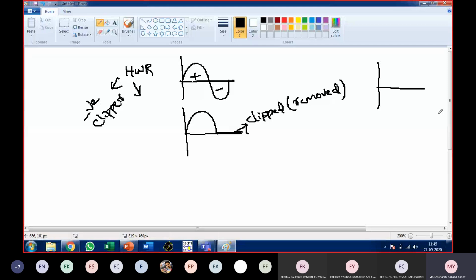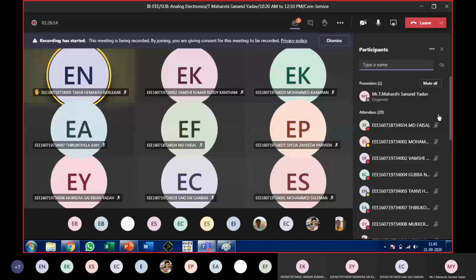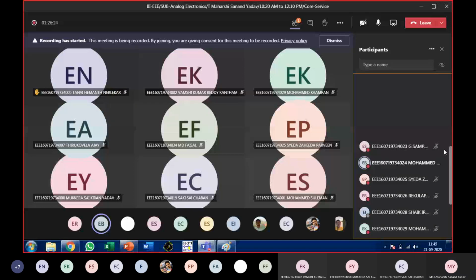How many are able to see the screen? Can you please raise your hand? Okay, Tanvi is able to see the screen. What about the others?